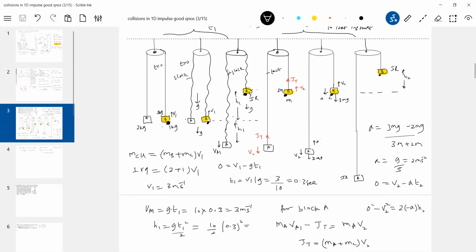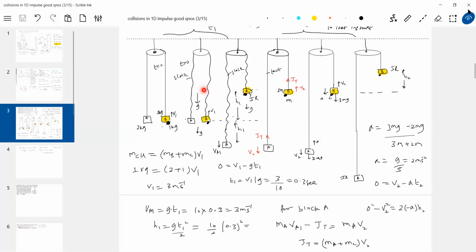Whenever the string from slack becomes taut, or from taut becomes slack, there'll be a loss of energy. So here, due to collision, there's a loss of energy. The string has become slack. Okay, there's nothing to do here. So no loss in energy in the second diagram. Here there's a loss in kinetic energy, a loss in mechanical energy due to collision.